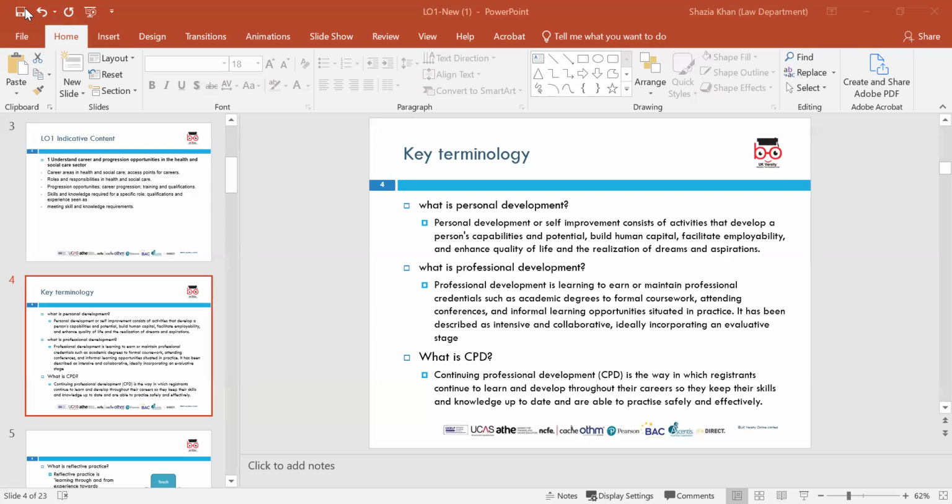It could be based on your daily life, outside your work as an individual. It could also refer to the fact that you want to improve aspects of your personal life. You want to further your career, you want to become a more productive employee. So these are personal development.